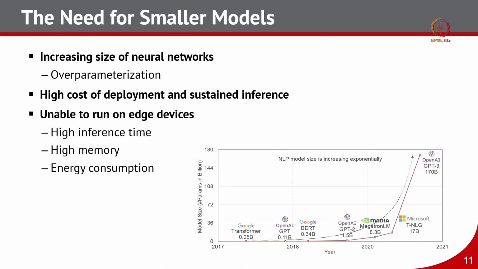Another important thing is that whenever we have a large neural network, many a time it is over-parameterized. It might be the case that not all the parameters of the neural network are actually useful. And if we deploy it on edge devices, let's say on our phone, the cost is higher.